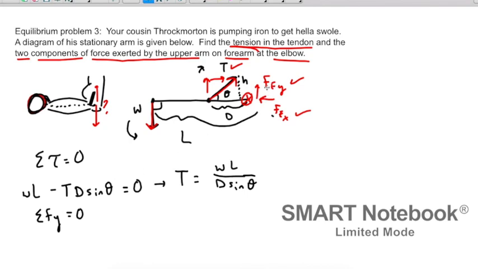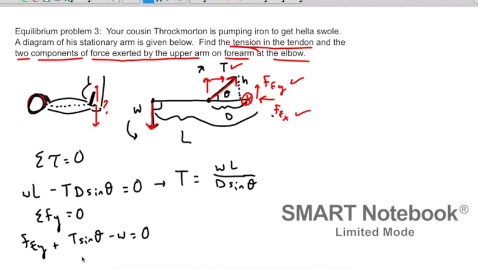So my upward forces are going to be that force at the elbow in the y direction going up. It looks like my y component of the tension force is going up, and that's of course going to be T sine theta. And then it looks like my weight force is going down.